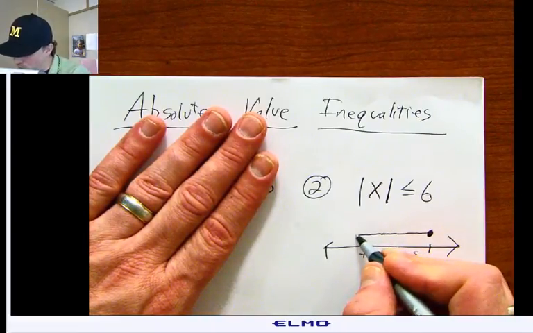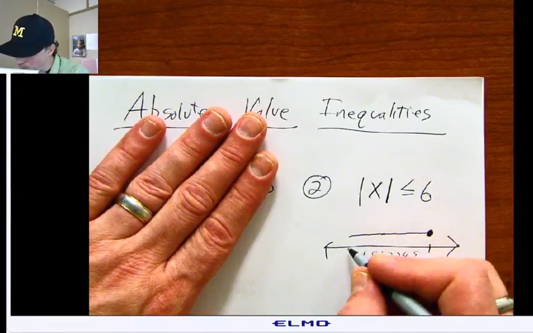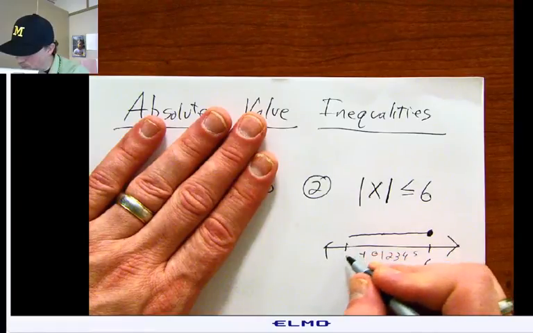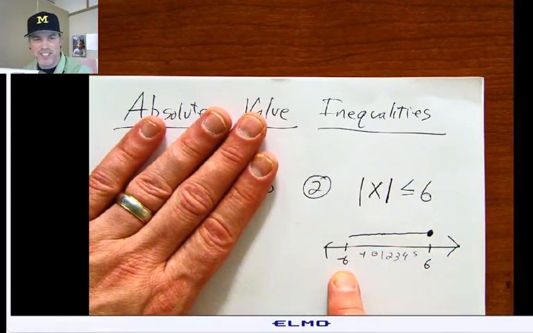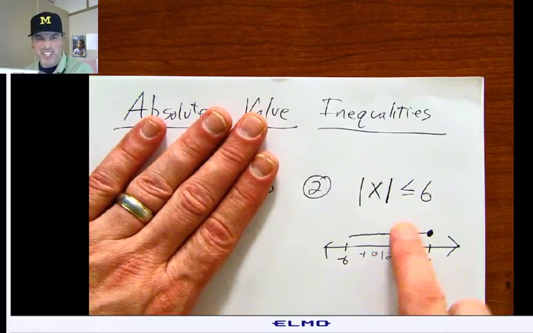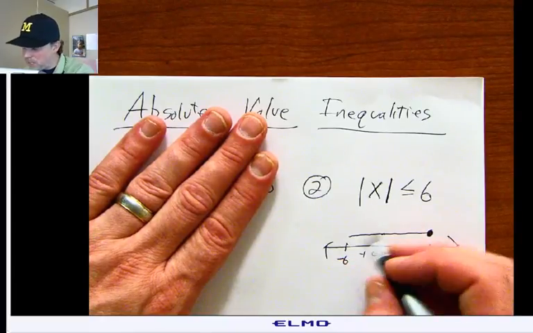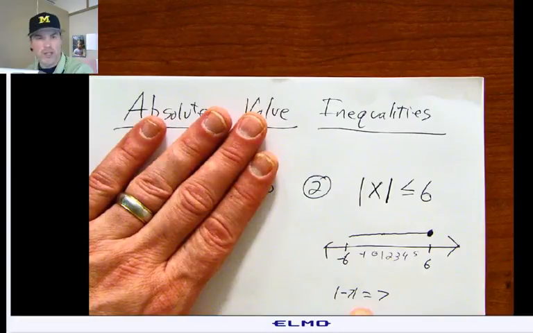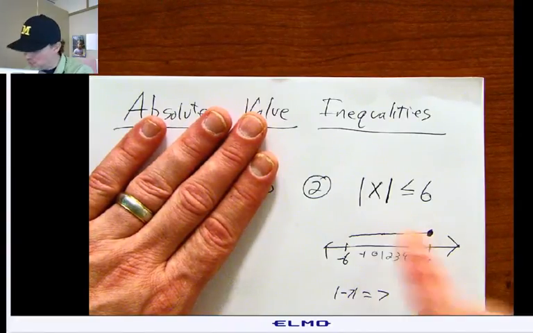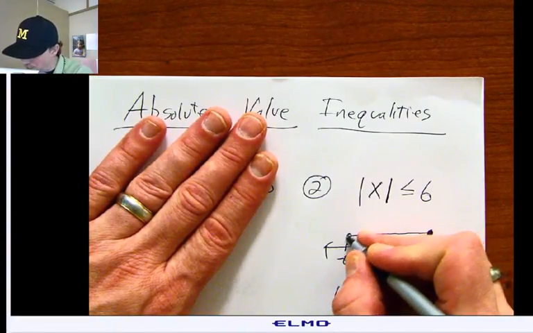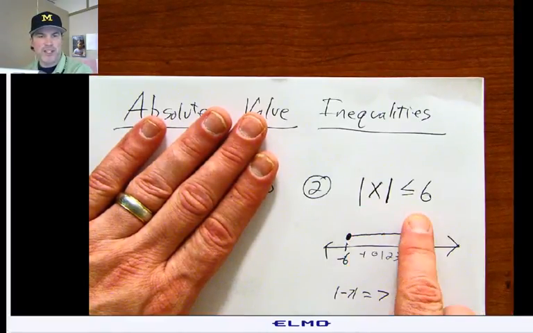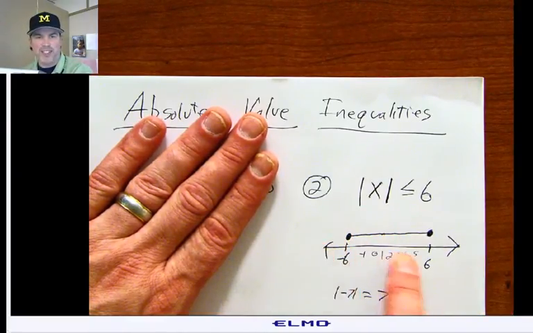The absolute value of negative 2, 3, 4, 5, all less than 6. And the absolute value of negative 6 is 6, so that's equal to 6. And once you get beyond 6, like the absolute value of negative 7 is 7, and that's greater than 6, so it stops at negative 6. So absolute value of x less than or equal to 6, the graph looks like this.